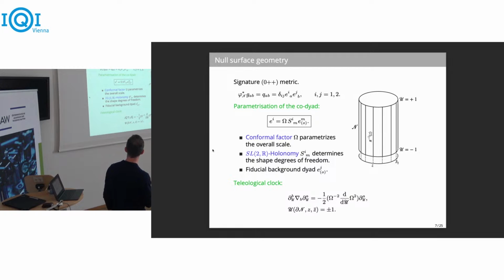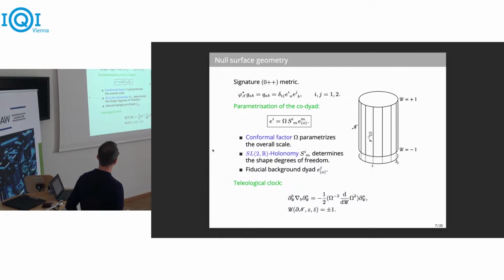Diagonalize this metric tensor. Since the geometry is two-dimensional, with one degenerate null direction, I only need two orthonormal frames, two directions, so basically a co-dyad.